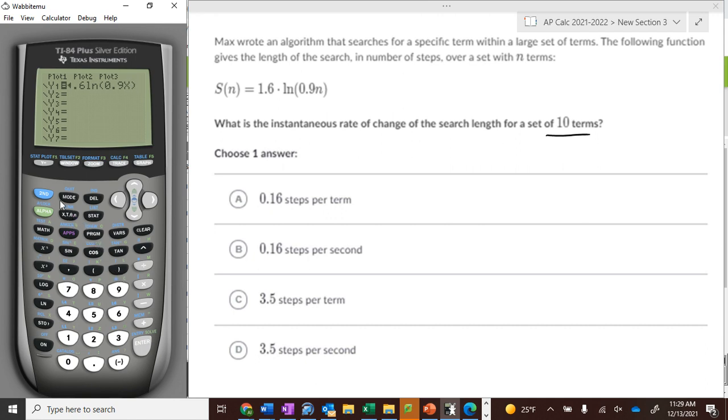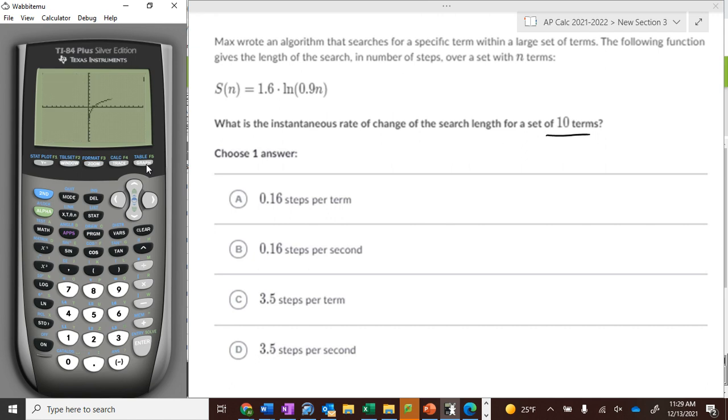So if we graph it, zoom 6, just get the basic graph. And let's make the window just a little bit bigger. Let's make it like 12 for x because it's searching for 10 terms.